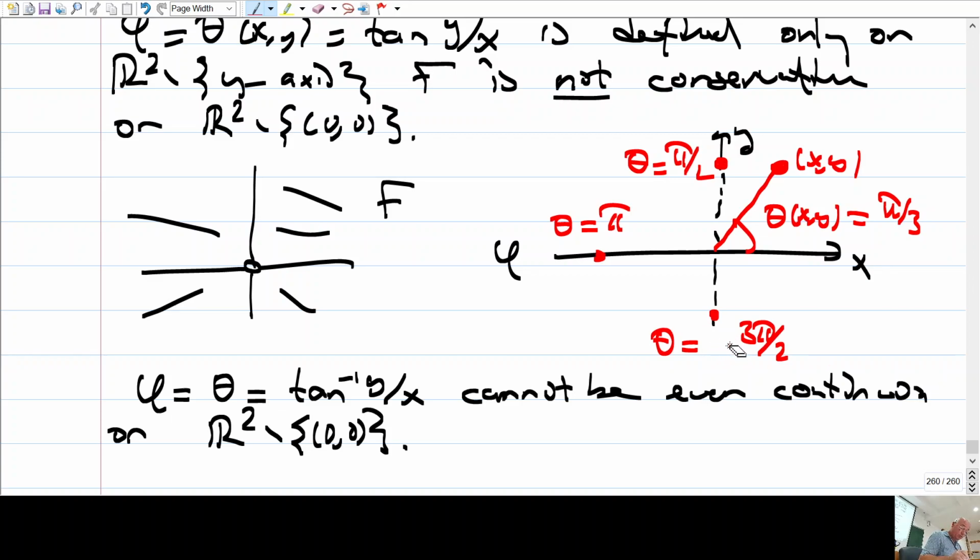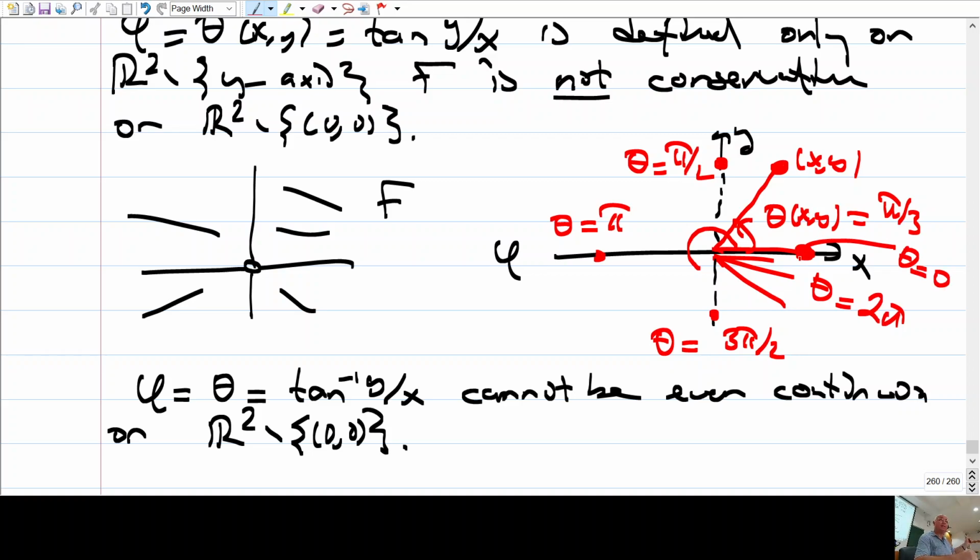I am just going in this direction, and then it is almost 2 pi. When you come to this point, theta is 2 pi. But originally, when you start from this point, theta was 0.